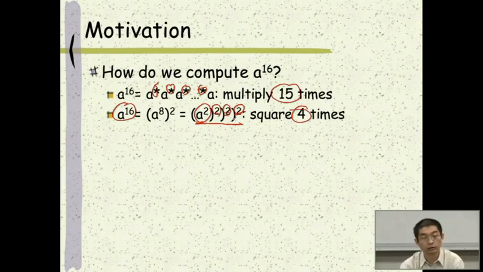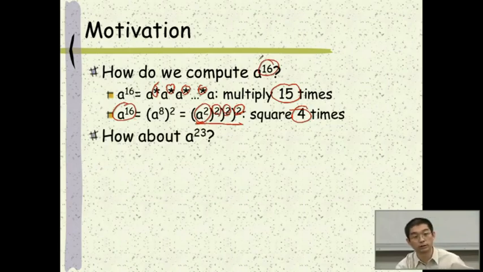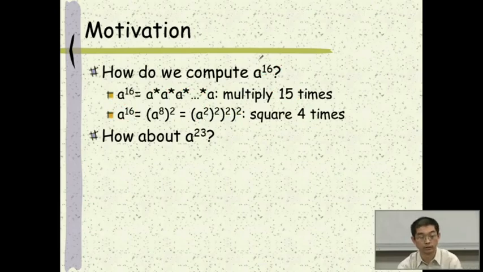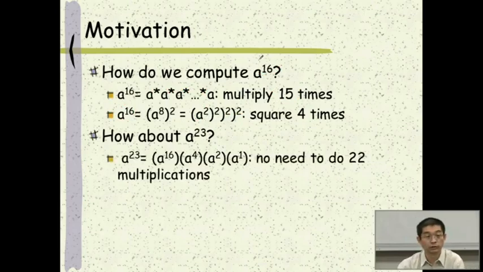However, you might say, you are lucky because 16 is a power of 2. What happens if it is not? For example, if I ask you to compute a to the power 23 instead of a to the power 16, I can also make this more efficient, because a to the power 23 equals a to the power 16 times a to the power 4 times a to the power 2 times a.